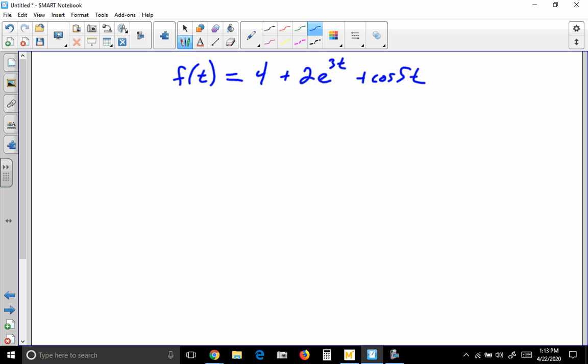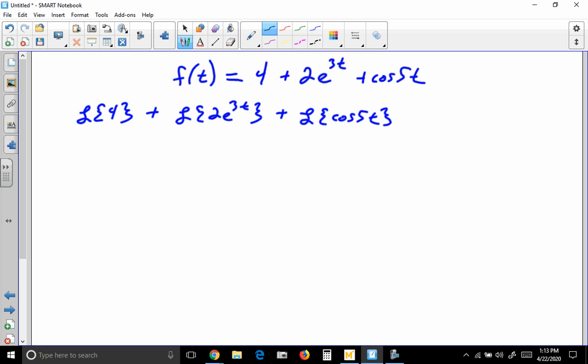And let's suppose we want to transform that. So we're going to transform 4, and we're going to transform 2e to the 3t, and we're going to transform cosine 5t.